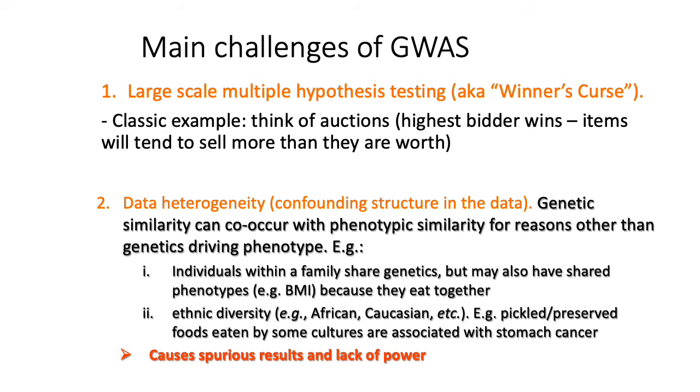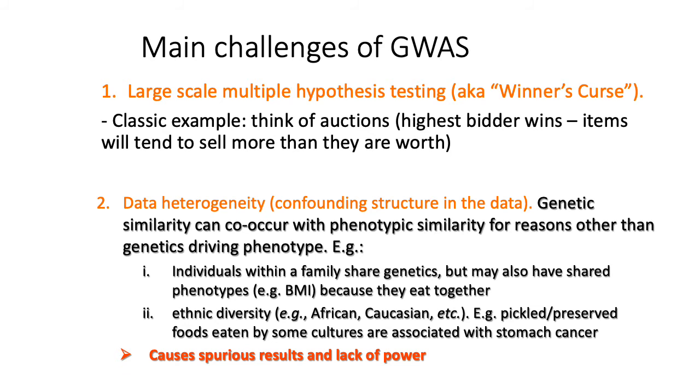So suppose that you have like 100 people bidding for a car, and suppose everyone is equally good at estimating the value of the car, so everyone bids about the true value of the car. Because the winner of the auction is the person who bid the most, the car will actually tend to sell for more than it's actually worth.